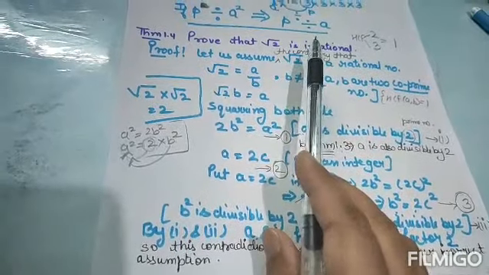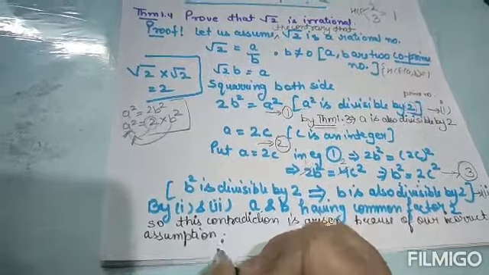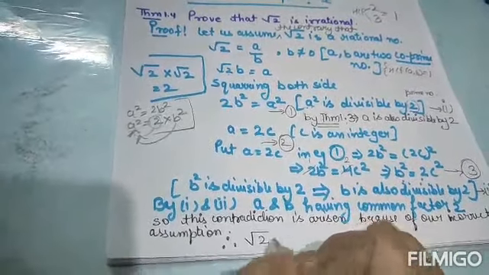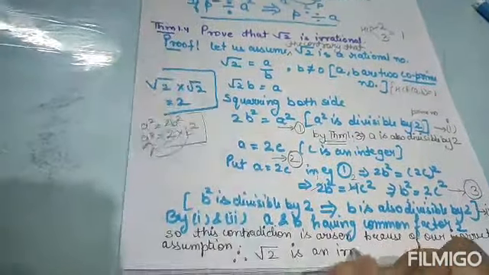Okay, it cannot be a rational number, and we have proved, therefore, root 2 is an irrational number.